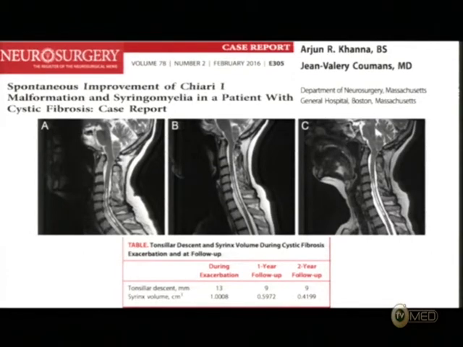In some cases, we can explain this by a change in the pressures of the CSF, for example in patients like this with cystic fibrosis, in which after the disappearance of the acute phase and stopping of the coughing, the size of the syrinx and the degree of lowering of the tonsils get better.